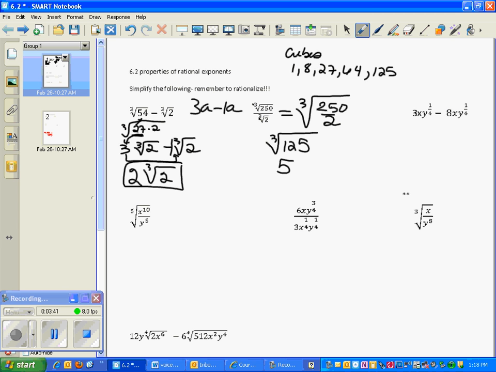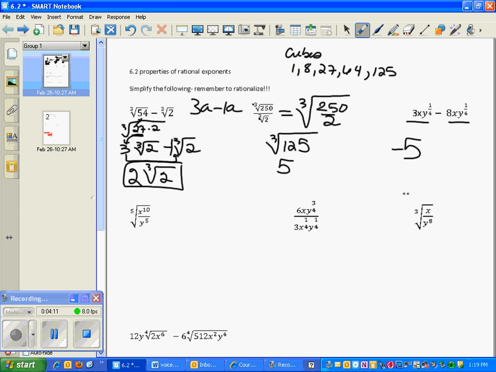Okay? All right. This is one term, 3x y to the 1/4. This is another term, 8x y to the 1/4. I'm adding and subtracting, so my powers have to be the same. Are those like terms? Yes. So what am I going to do? Combine what? 3 from 8, which is -5.